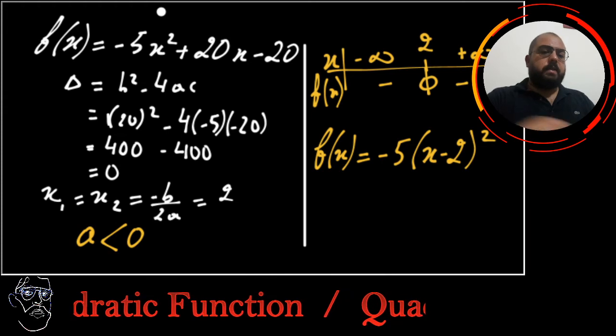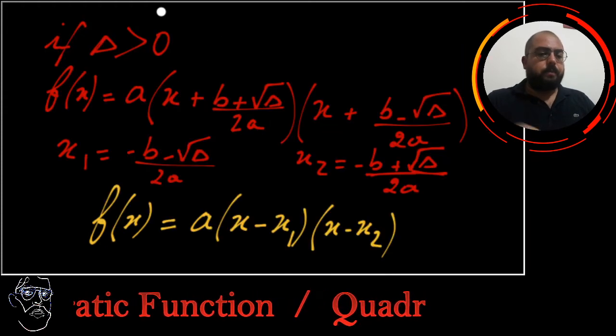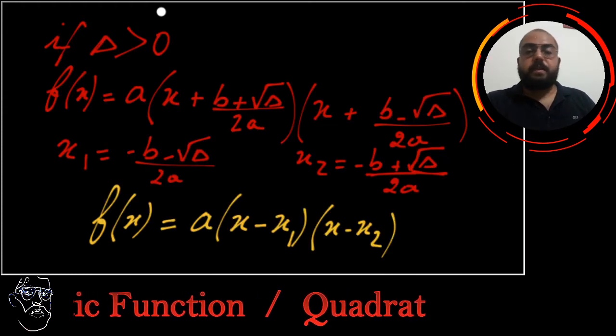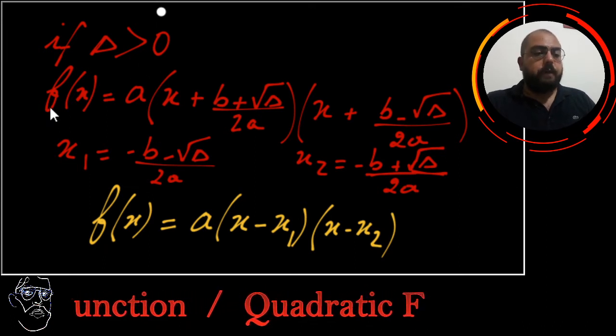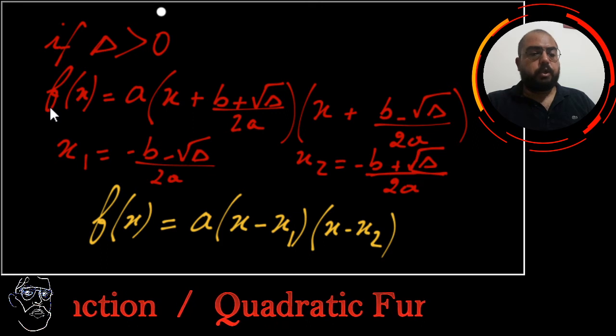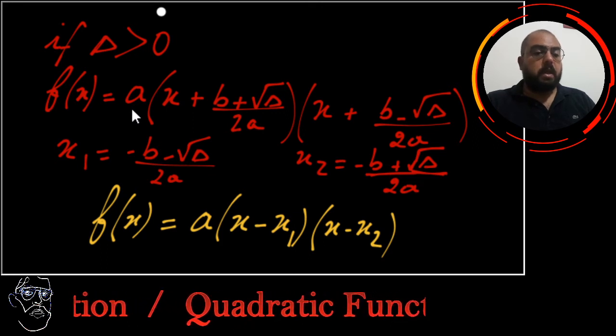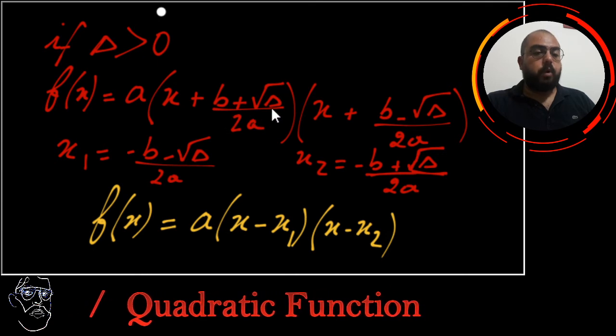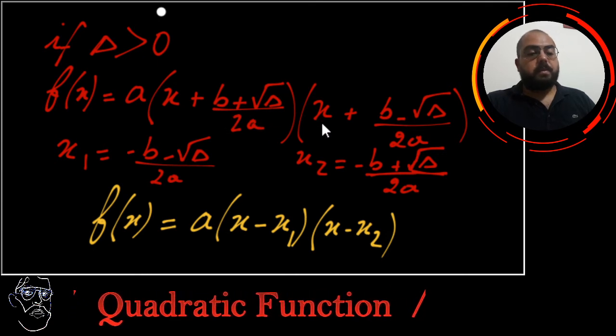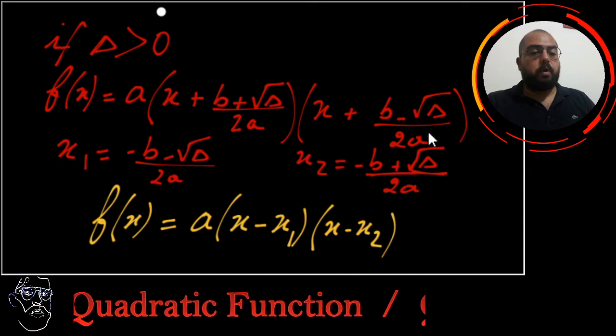Now, let's discuss the last part. What happens if delta is positive? When delta is positive, f of x can be written as a times the first factor x plus b plus square root of delta over 2a, times the second factor x plus b minus square root of delta over 2a.